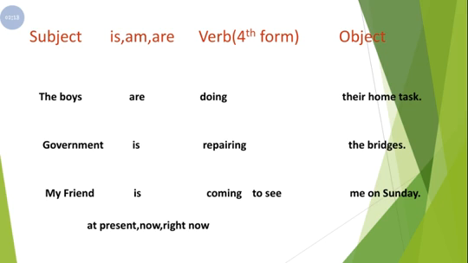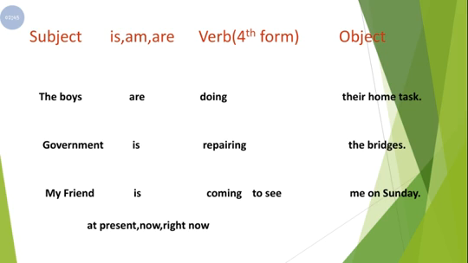So to make sentences of present continuous tense, first you are supposed to write the subject. After the subject you will use helping verbs and you will use is, am, are according to the subject. If your subject is singular you will use is, if your subject is plural you will use are, and with I you will use am.